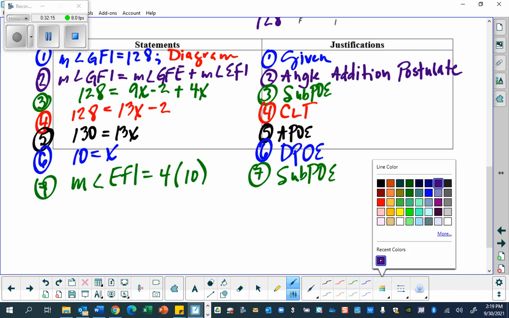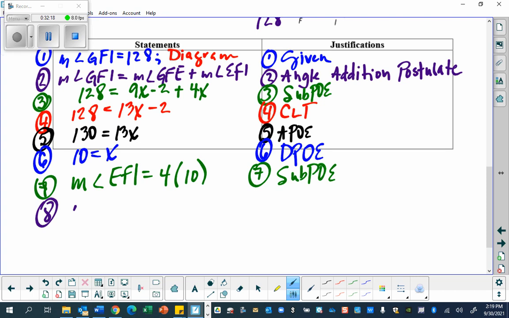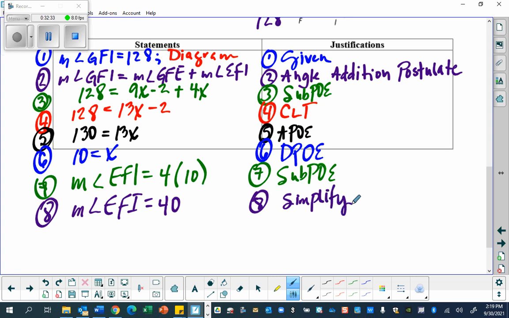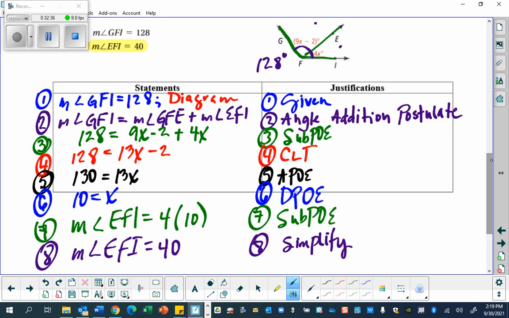I'm so close, because you have to remember that at the end of every proof, you should be looking at exactly what it asked you to prove. And you're hoping that when they say, hey, prove that the measure of angle EFI is 40, you're able to come up with that exact statement. I do know the measure of angle EFI is equal to 40 because I can put 10 in for that x, and then I can simplify to get that value.